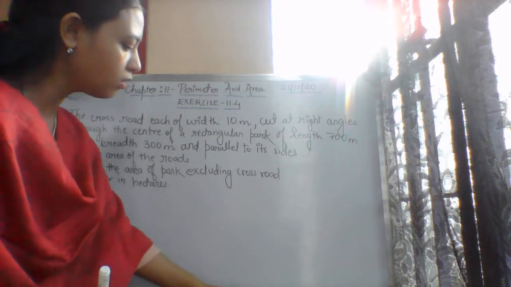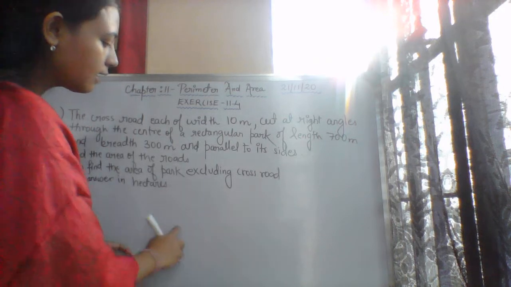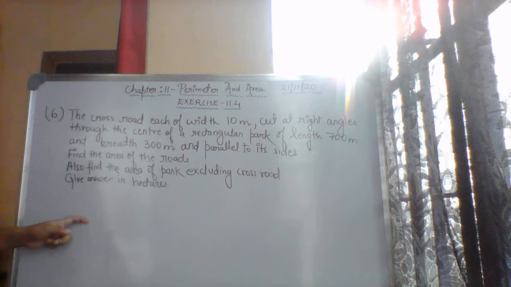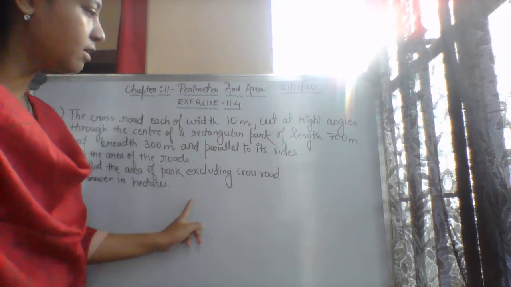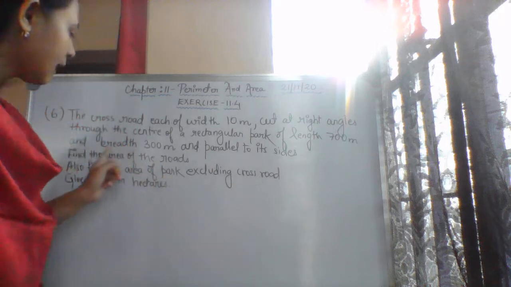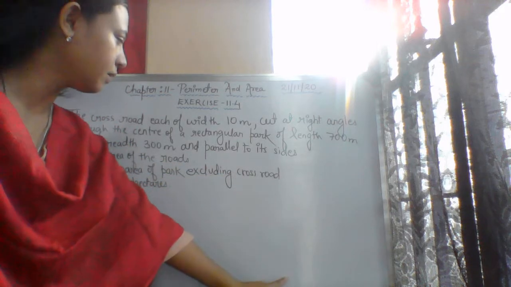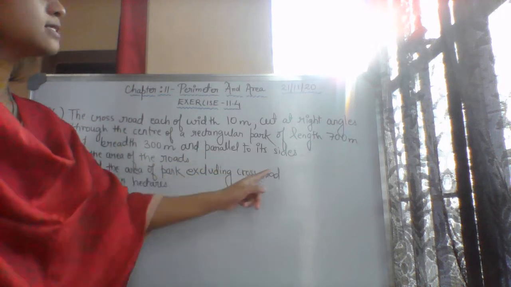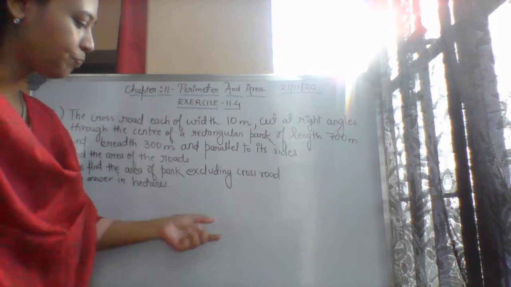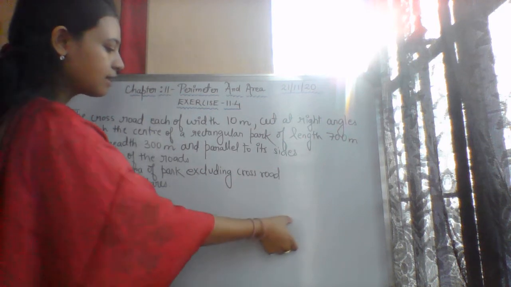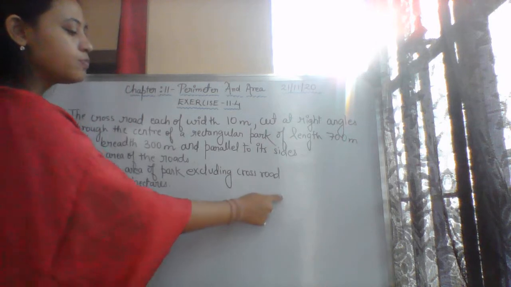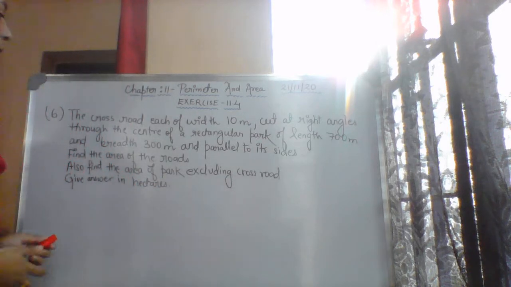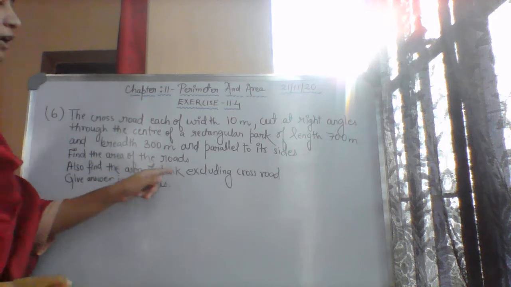There is a rectangular park and the roads are cutting through its center. The park has length 700 meter and breadth 300 meter, and the roads are parallel to its sides. The horizontal road is parallel to the length and the vertical road is parallel to the breadth. So find the area of the roads.